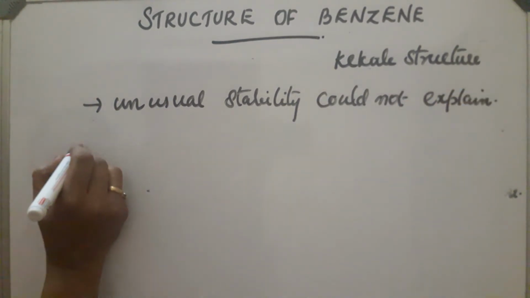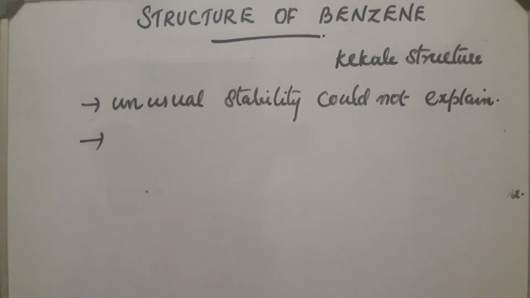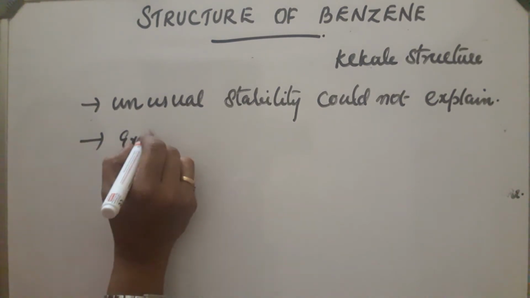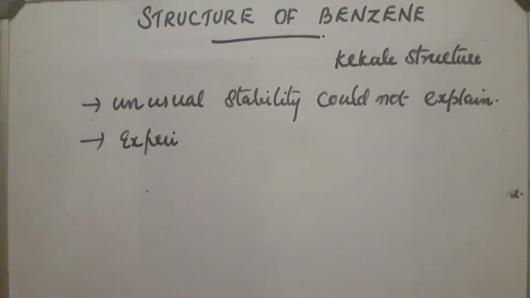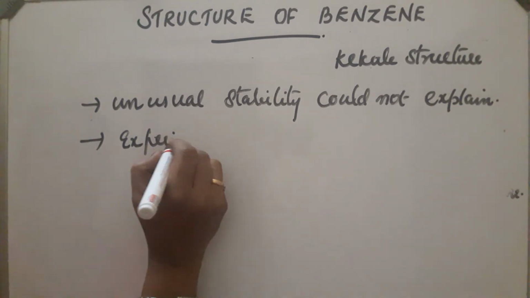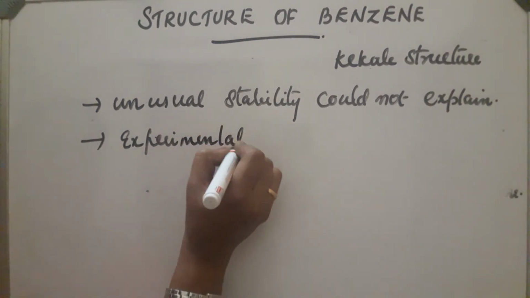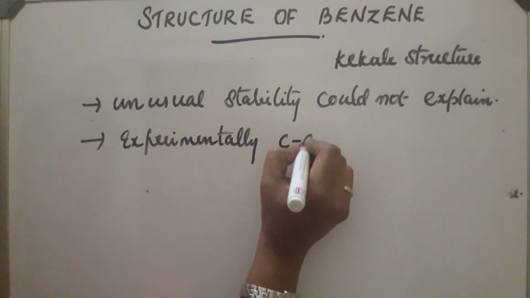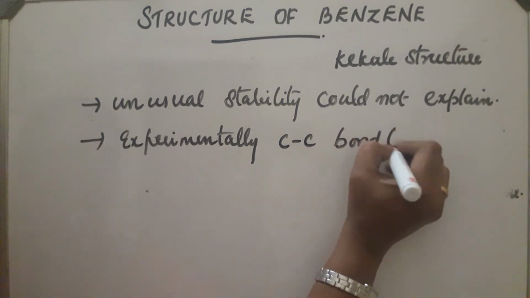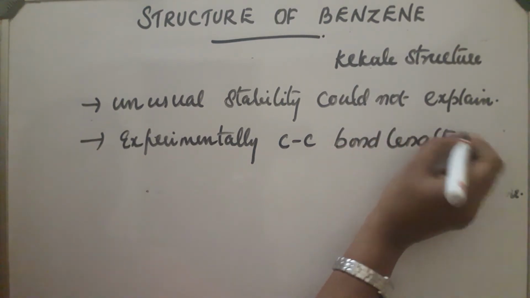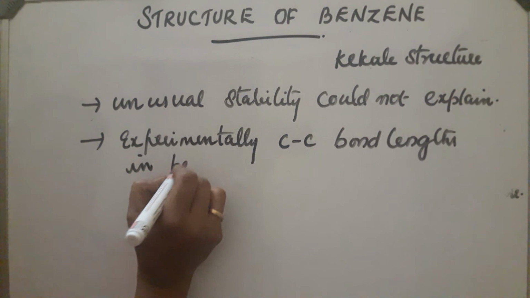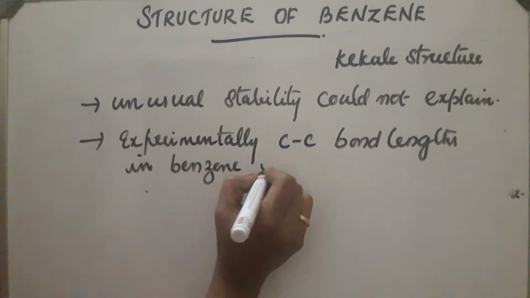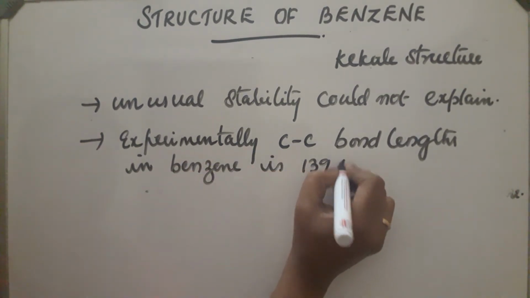Next, it is experimentally proved that the CC bond length in benzene is 139 pm.